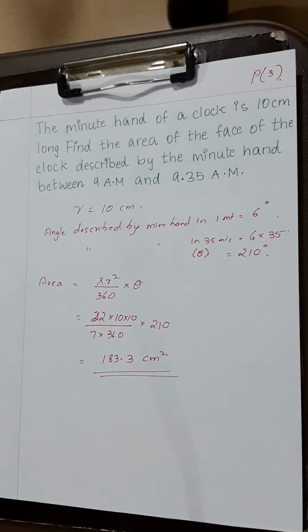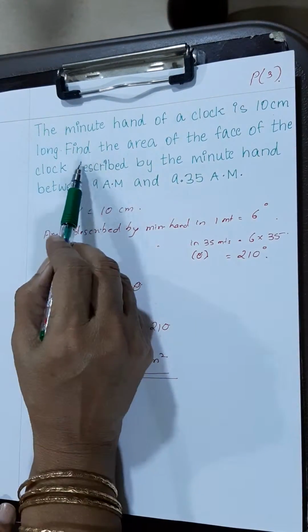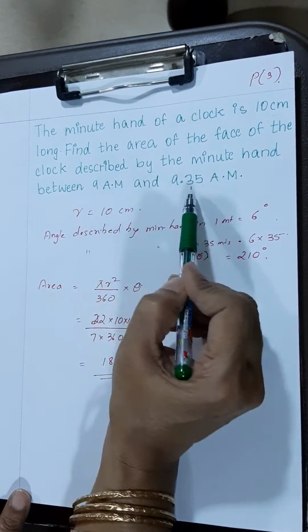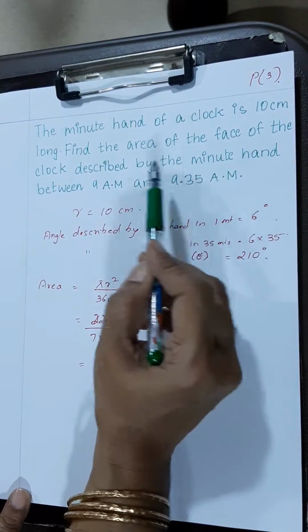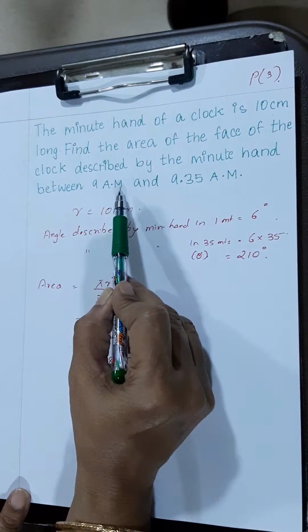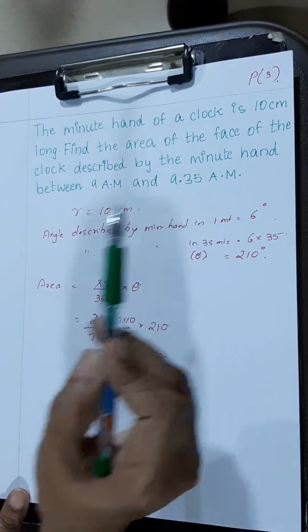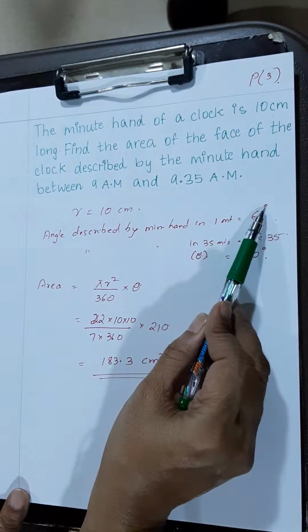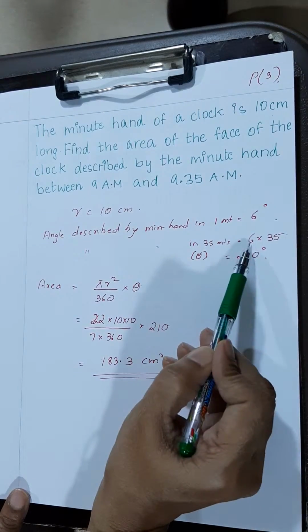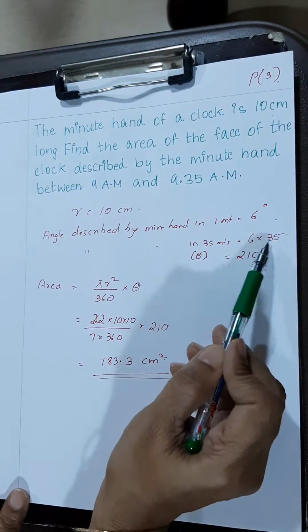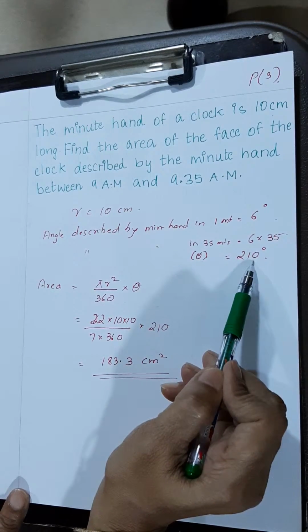The minute hand of a clock is 10 centimeters long. Find the area of the face of the clock described by the minute hand between 9 am and 9:35 am. That means it has moved 35 minutes. The angle described by the minute hand in 1 minute is 6 degrees. So at 35 minutes, the angle will be 6 into 35, which is equal to 210.